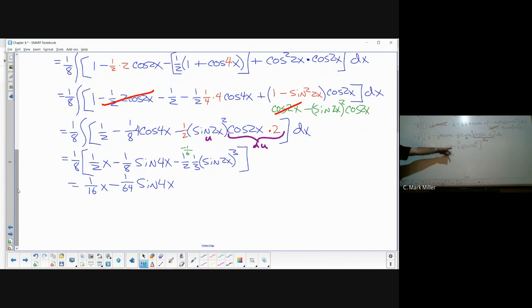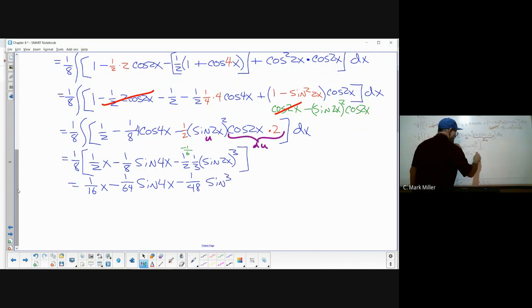Then 8 times minus 1/6 is minus 1 over 48. And this is sine cubed 2x plus c.